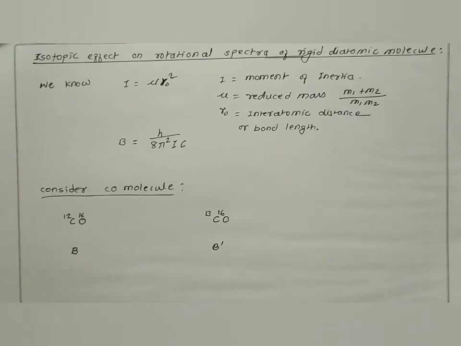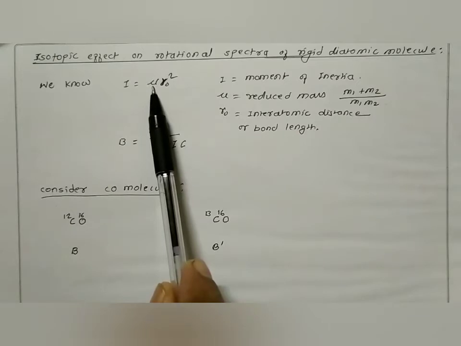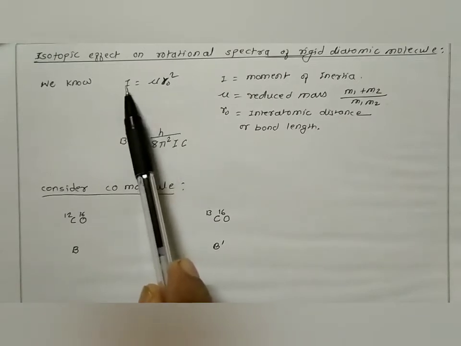Now when we talk about the first equation, I is equal to mu r0 square, when we consider the rigid diatomic molecule, the bond length remains constant. That means the moment of inertia and the reduced mass are directly proportional.